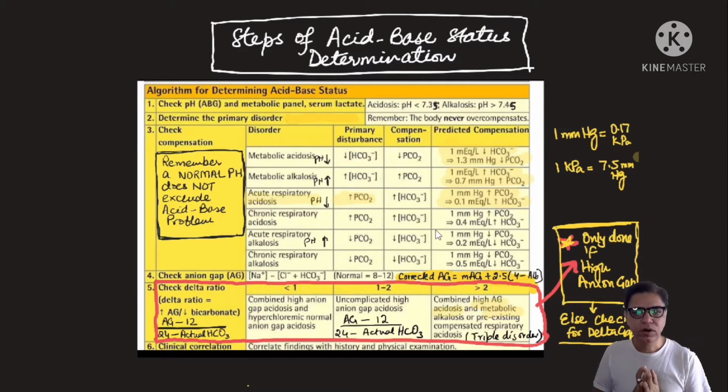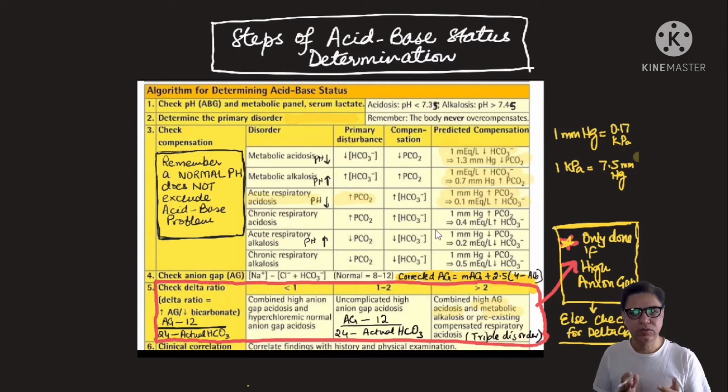Similarly, for acute or chronic respiratory acidosis, in both these conditions, the pH would be low and the PCO2 levels would be high. So for every 1 millimeter of mercury rise in carbon dioxide levels, the body would try to compensate by increasing the bicarbonate by 0.1 milliequivalent in case of an acute condition and 0.4 milliequivalent in case of a chronic condition.